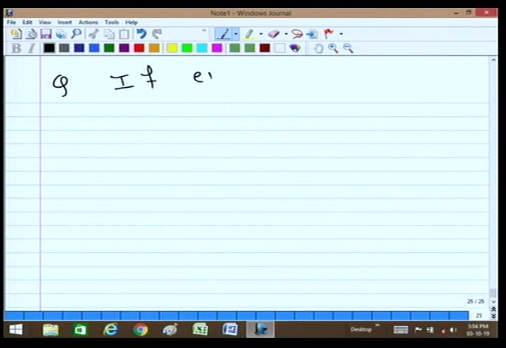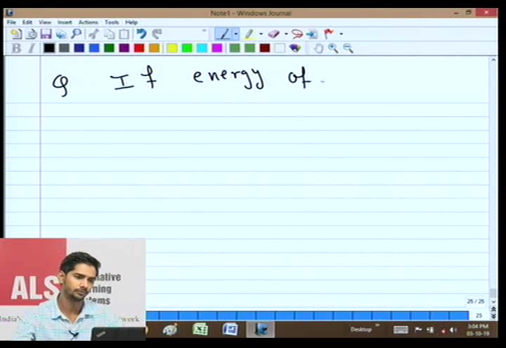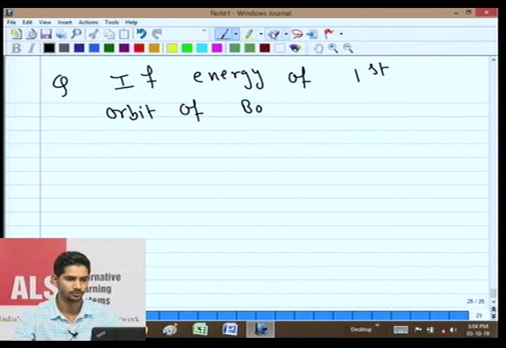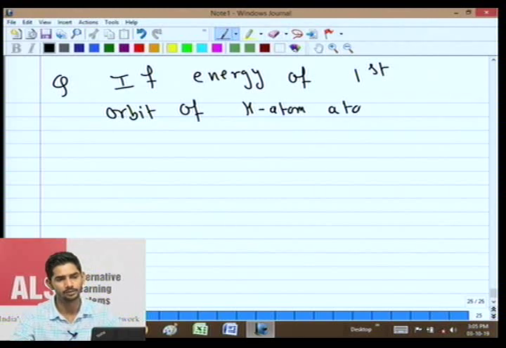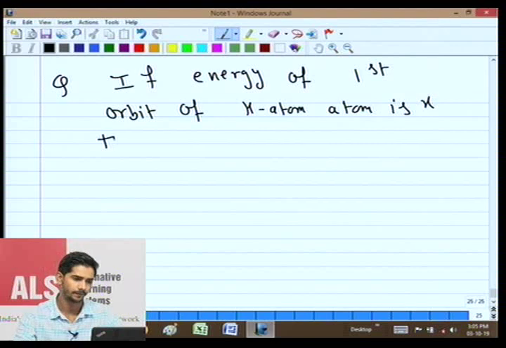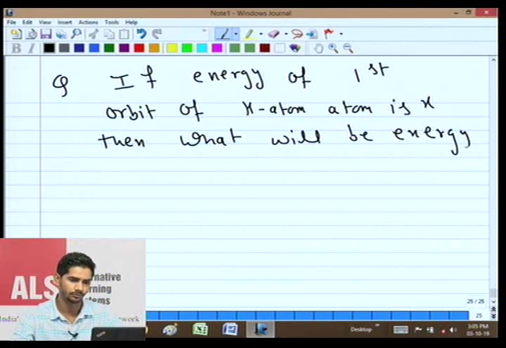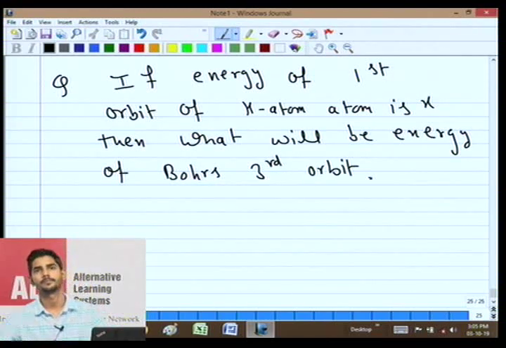If energy of first orbit of hydrogen atom is X, then what will be the energy of Bohr's third orbit of hydrogen atom?